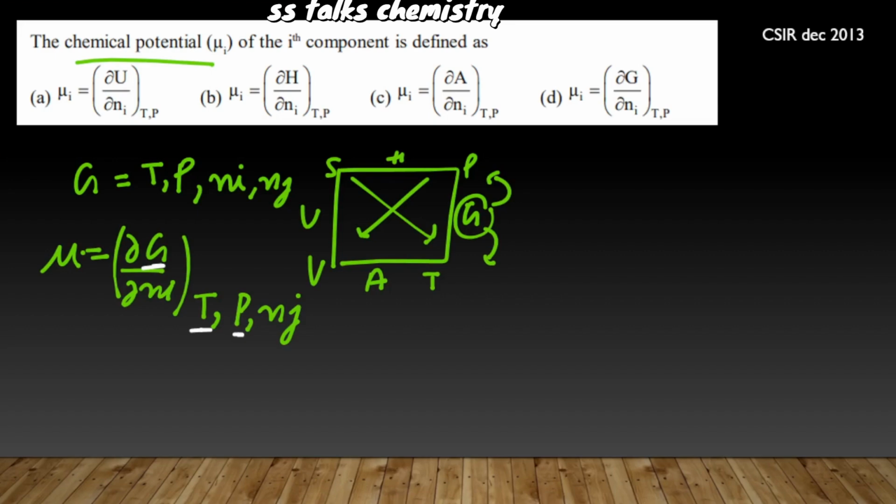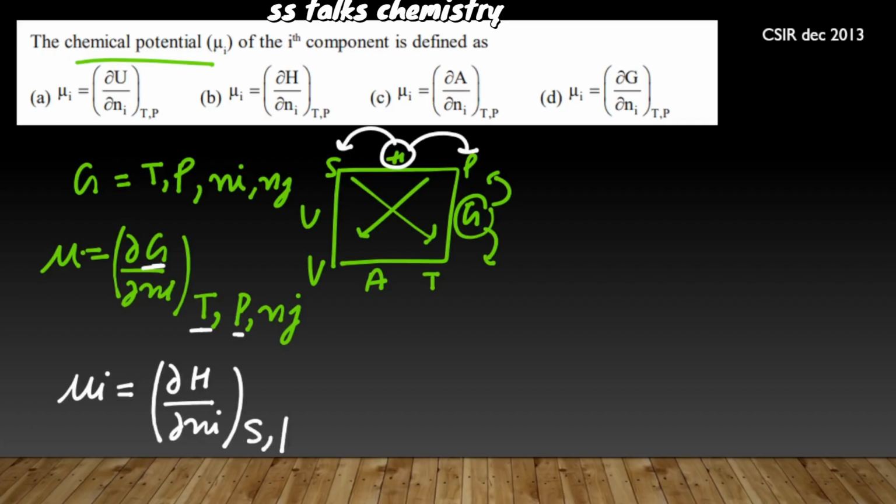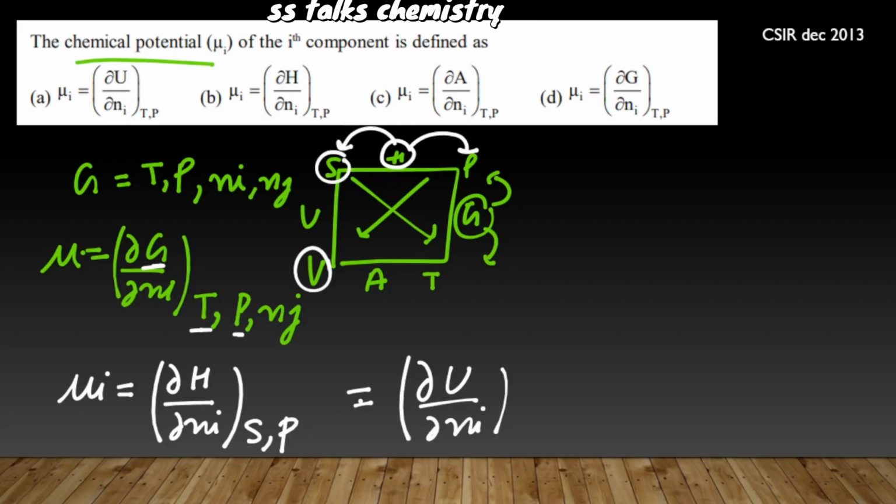So in terms of the enthalpy, it will be at constant entropy and constant pressure. That means mu i is also equal to del H upon del of Ni at constant entropy and constant pressure. Similarly, in terms of the internal energy, I can write del U by del of Ni, where the constant things now are entropy and volume.